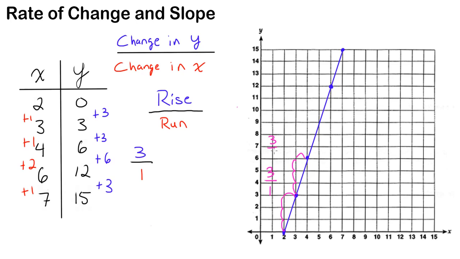Once again, that is 3 over 1. To get from this point to this point, I had to go up 6 and to the right 2, which simplifies to 3 over 1. So the rise over run of this line is the same as the change in y over change in x for this table. And that is what slope is.